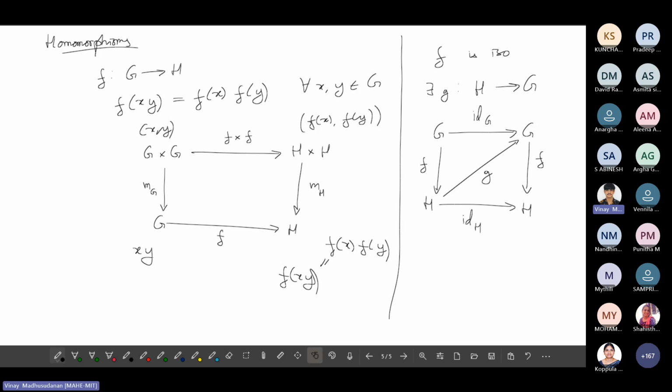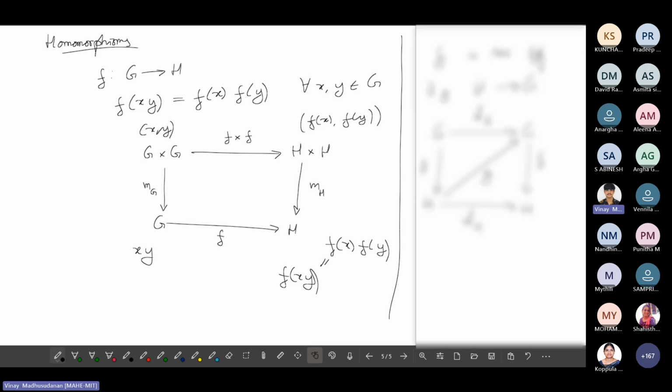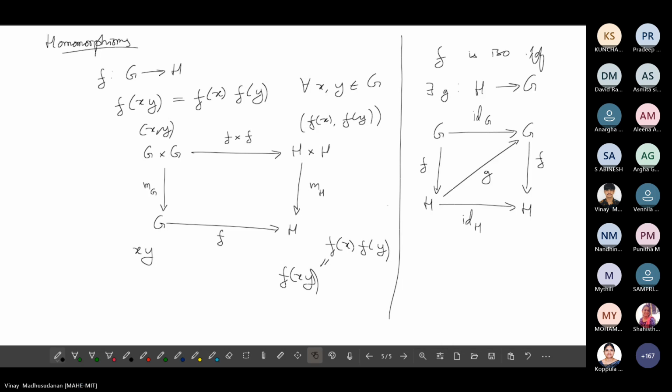It is an isomorphism if and only if there exists a homomorphism g from H to G such that this diagram commutes. Why is it? Actually, I don't have to say that it's a homomorphism, it will automatically be. But anyway.